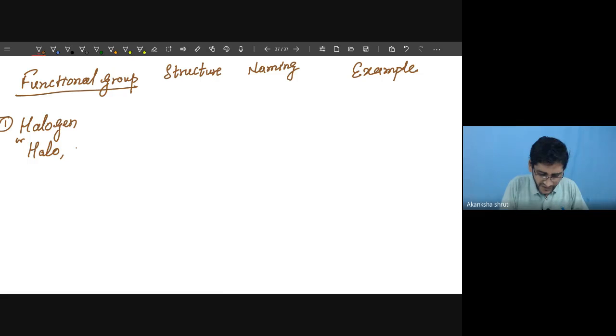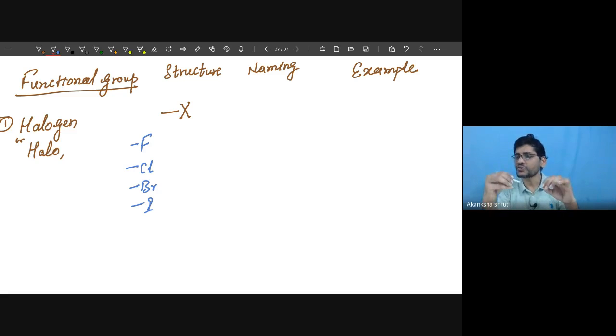It is denoted by X. Okay, so the structure is like X. Meaning one of the halogen atoms we have learned: it could be fluorine, chlorine, bromine, or iodine. But this fluorine, chlorine, bromine, iodine needs to form a covalent bond with the carbon. That makes the difference from NaCl or other electrovalent compounds. That we have to keep in mind, students.